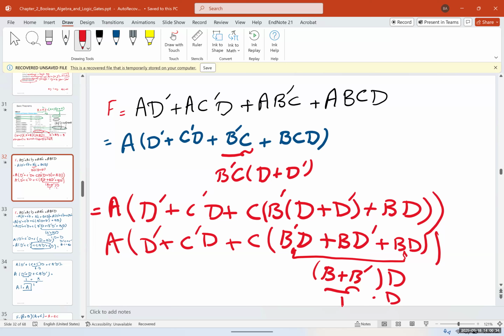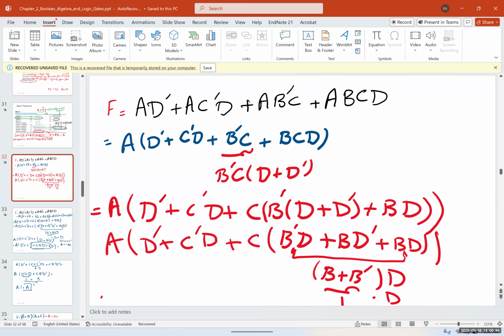So 1 times D gives us D. So these two terms give us D. Therefore, we're going to have A times D prime plus C prime D plus C times D, because we simplified that, plus B prime D prime.